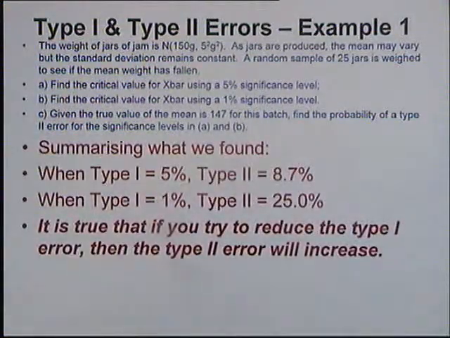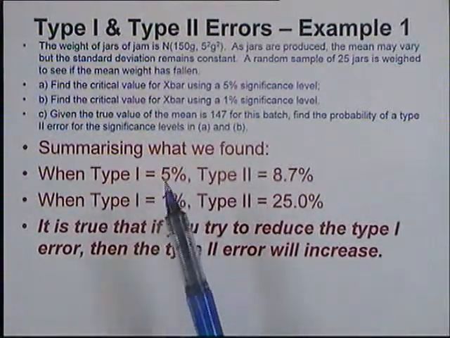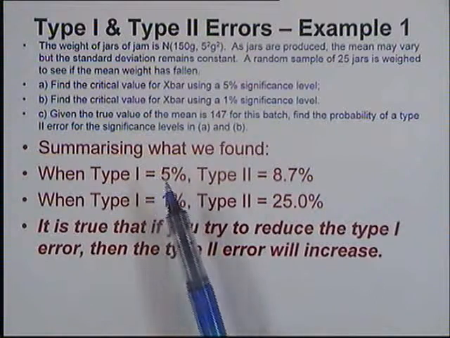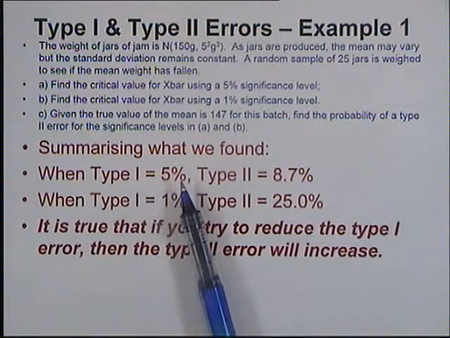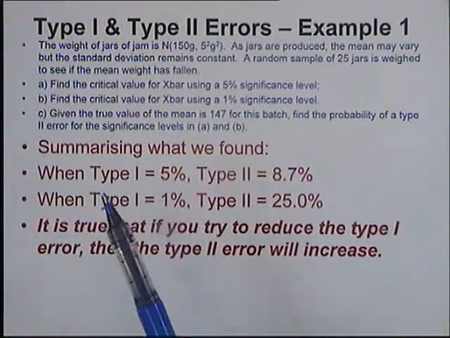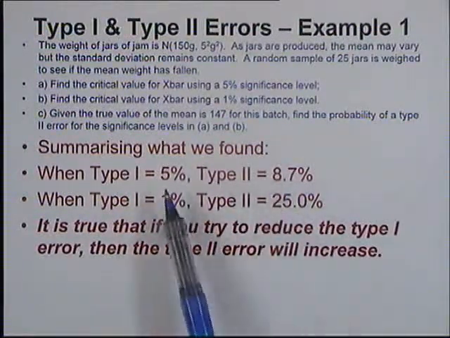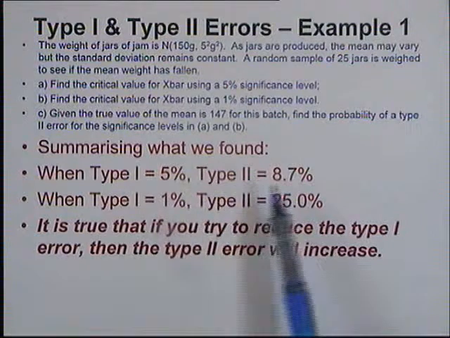We found that if we were using a significance level of 5%, the probability of a type 1 error was 5%, because for a significance test, for continuous data, a type 1 error probability and a significance level are the same thing.